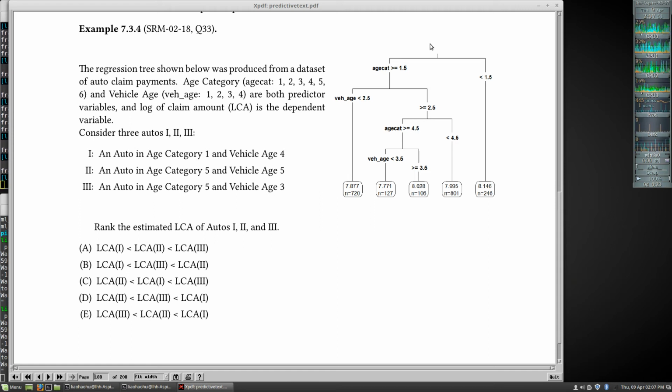So that's why I hope you know that there are many different algorithms, and we can just use them to generate trees. So here a decision tree for a regression problem is given, and we need to know how to use it.